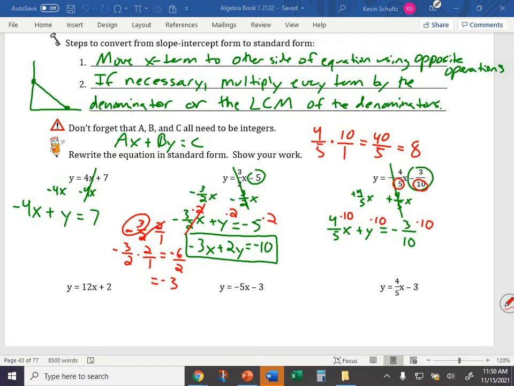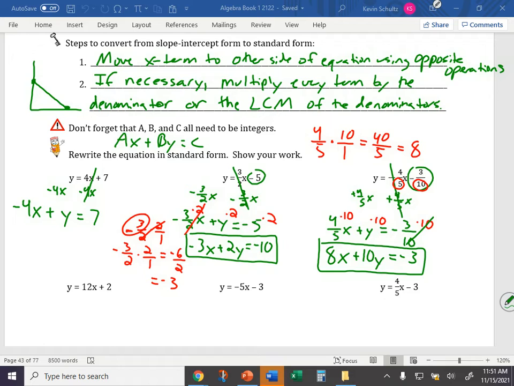That gives us 8. Y times 10 is 10y. And then negative 3/10 times 10: since the denominator is the same as what we're multiplying by, they just cancel out, and we're left with negative 3. And so this would be our equation in standard form: 8x plus 10y equals negative 3.